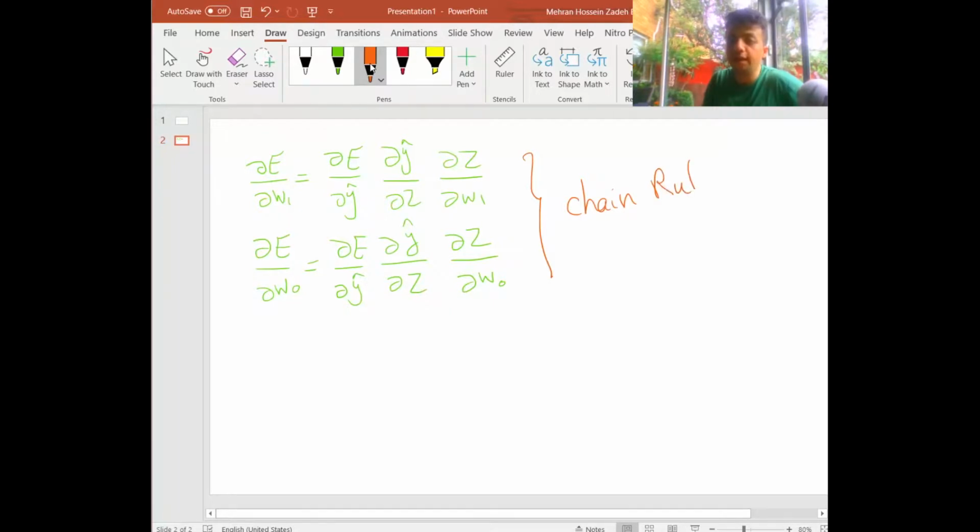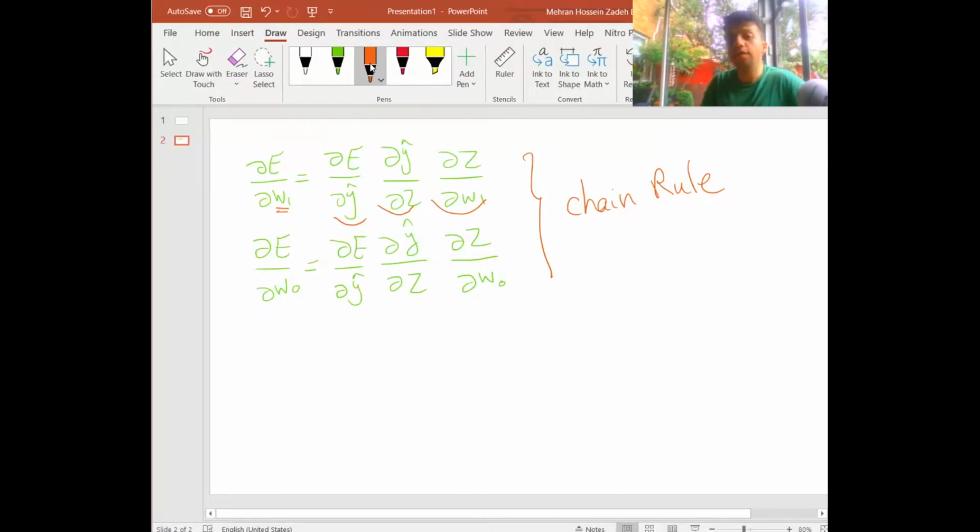Now, in plain English, what does this mean? It means the rate of change in your ultimate error with respect to this particular parameter w1 has something to do with three elements multiplied by each other. The first element is the rate of change of your error with respect to y hat, meaning that if I increase y hat or decrease y hat, how much will error change?